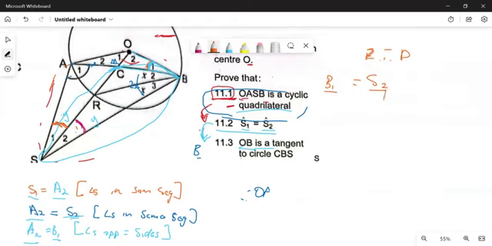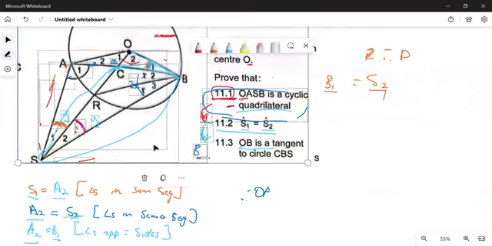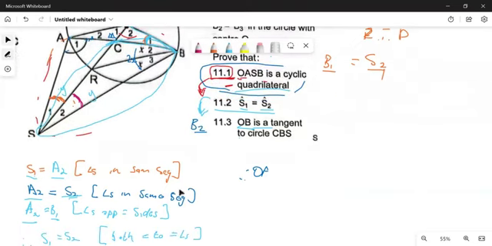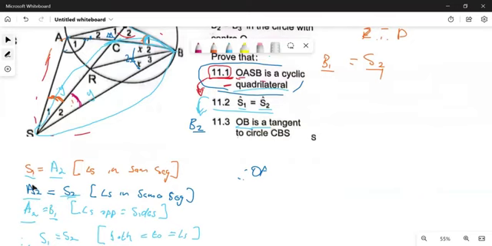Now let's check the previous question that we did. From the previous question, we said S1 is equal to B1, if you remember correctly.